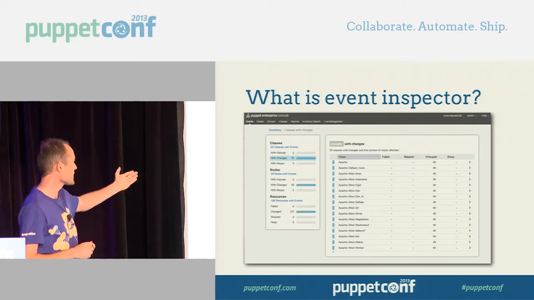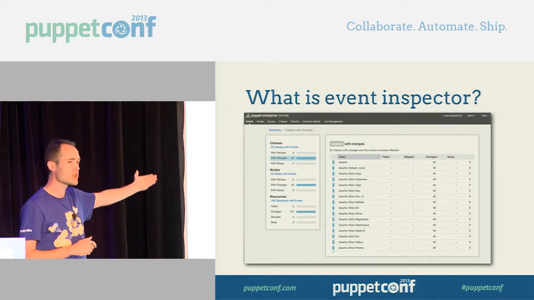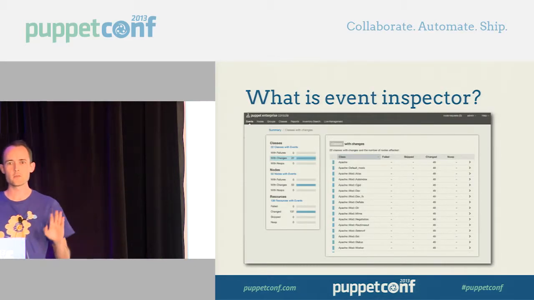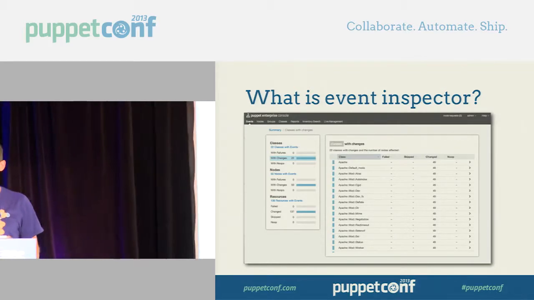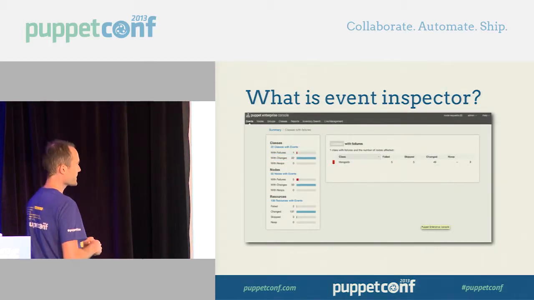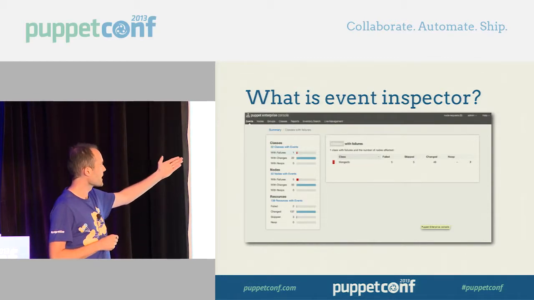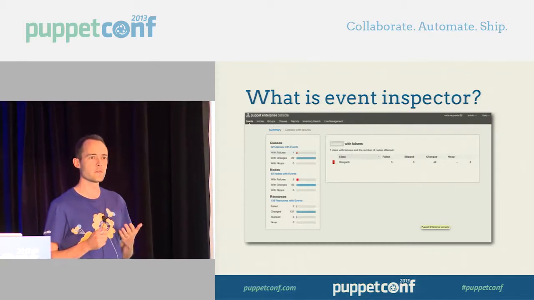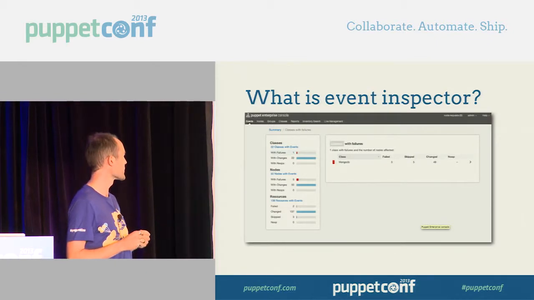If you take a look at this and you see that you've had changes in your last Puppet runs, but no failures, then you're good to go, and you're out of the tool. But what happens when you actually see there are failures? In this case, Event Inspector is telling you that you have a single class that has had failures, 5 nodes that have had failures, and 1 resource that has failures.